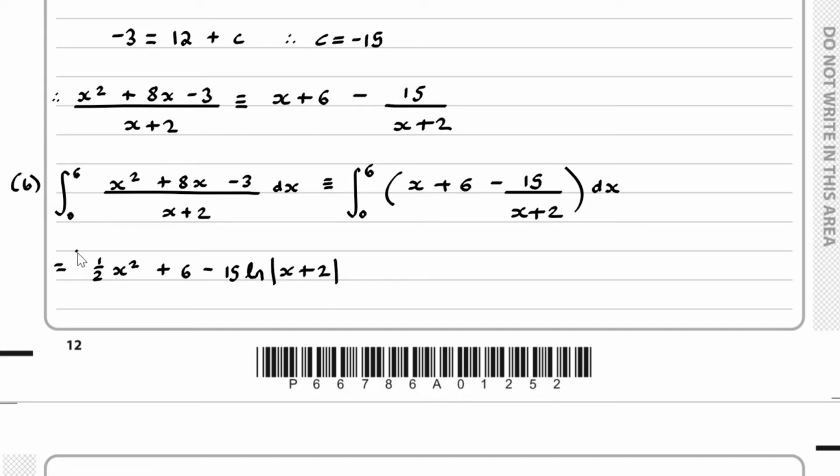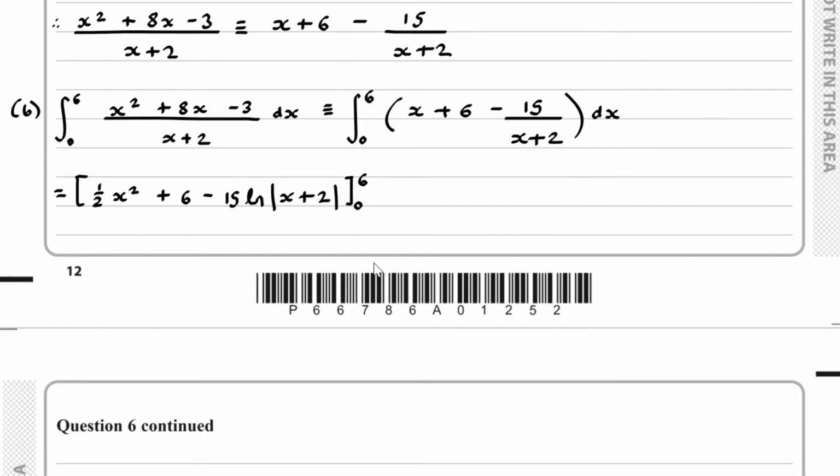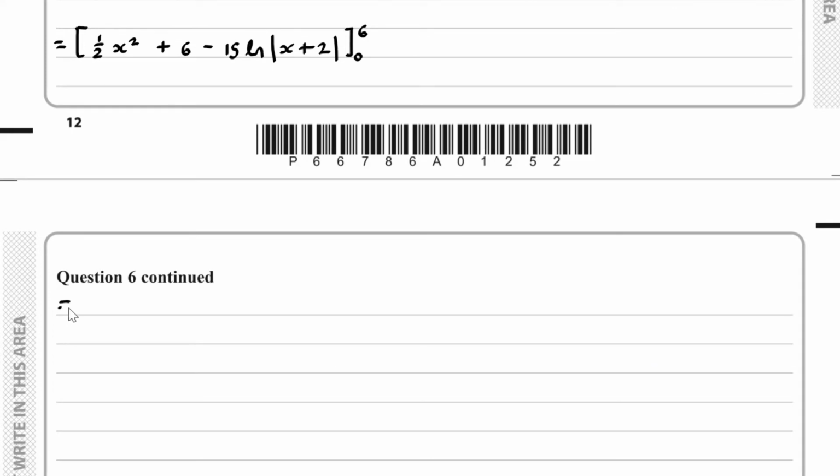So we wish to evaluate this between 0 and 6. For the upper limit, we have 1/2 times 6 squared plus 6x. Sorry, we had 6x. So we have 6 times 6 minus 15 times the natural log of the mod of 6 plus 2.